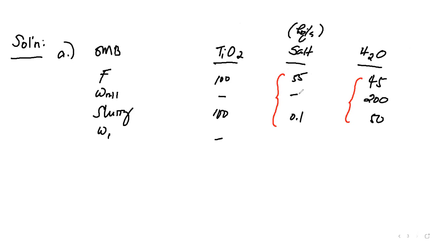So the salt in the final wash water, the overflow from the first thickener, is 55 minus 0.1, which is 54.9, and the water is 195.